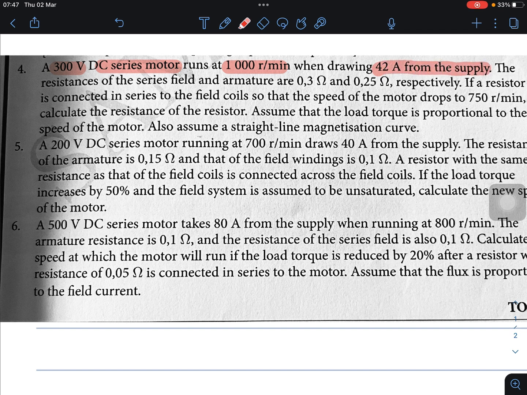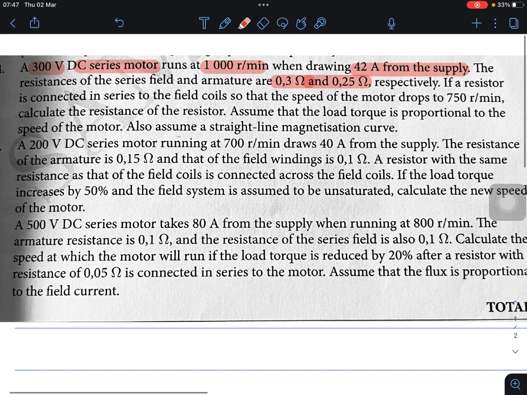The resistances of the series field and armature are 0.3 ohms and 0.225 ohms respectively.